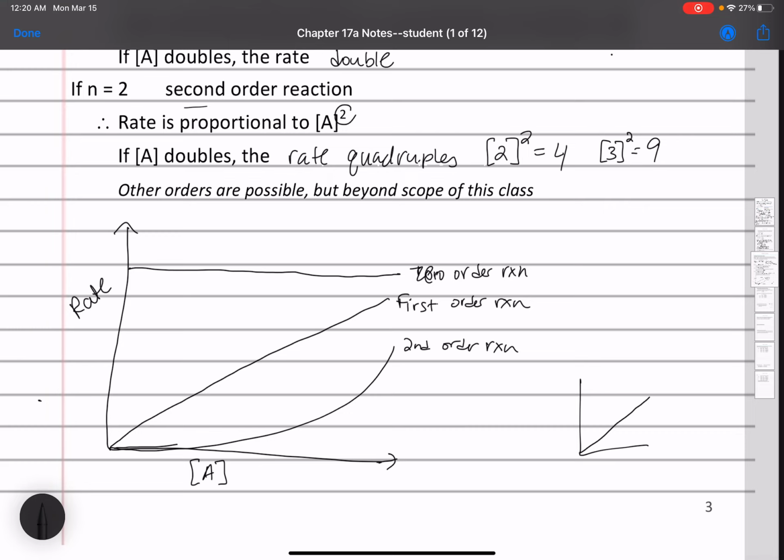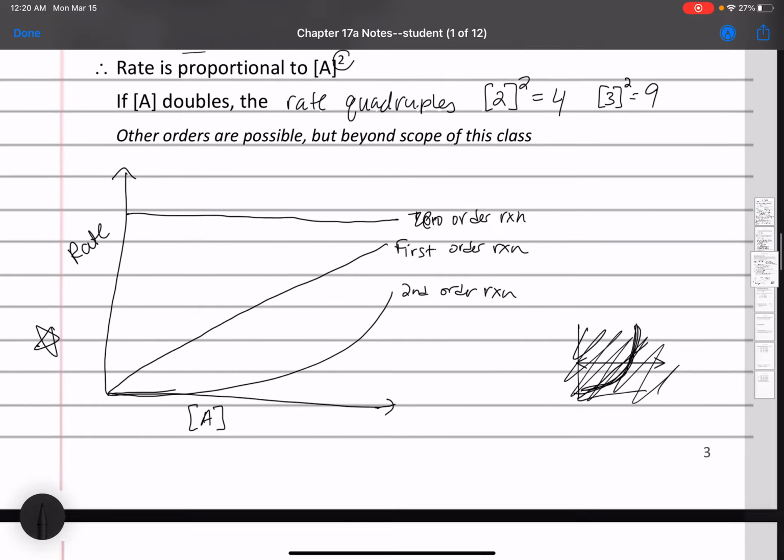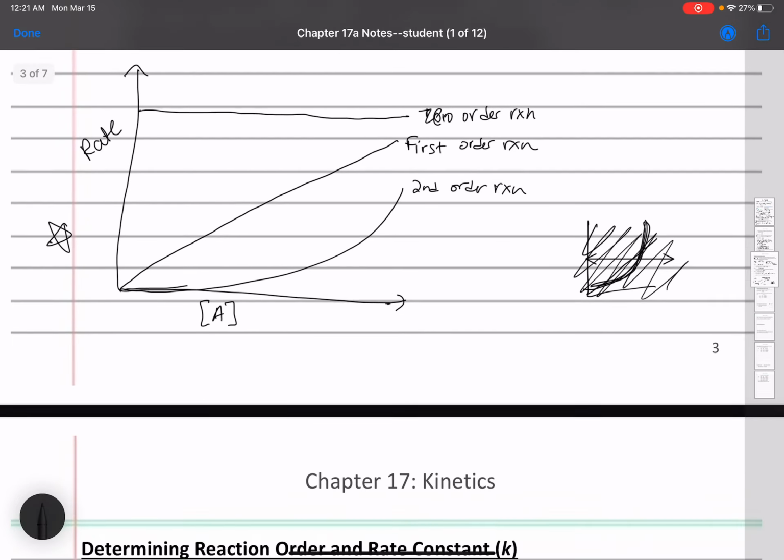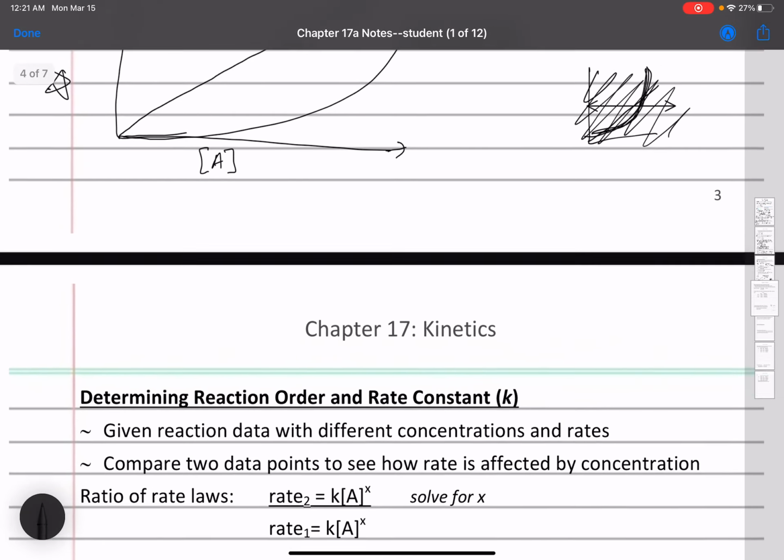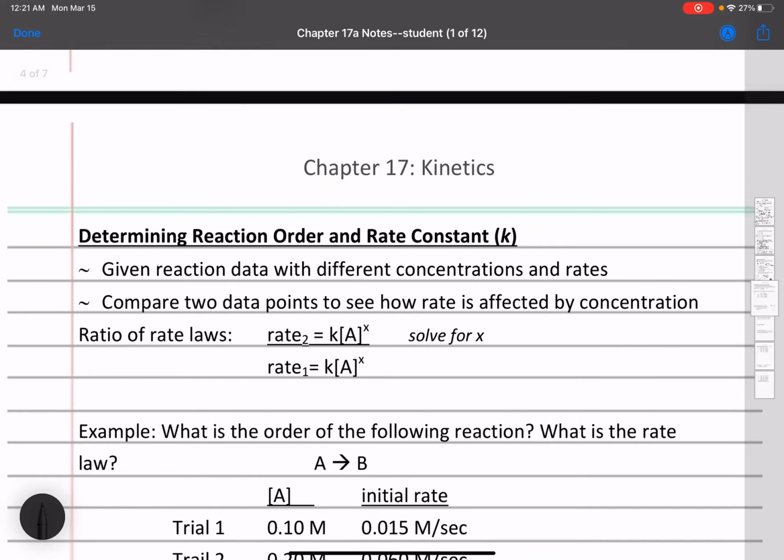If it was an exponential, if it was a line like this, all right, then we'd say it's a second order reaction. If it was a straight line like this, then we would know it was a zero order reaction. Okay, so you do need to understand this graph. It's just another way for questions to be asked about these different relationships.